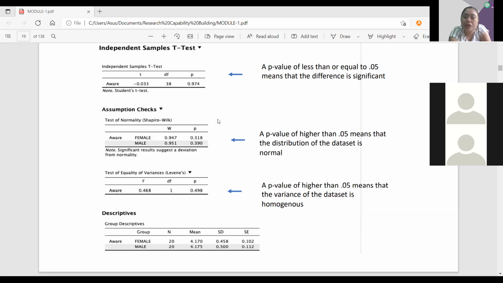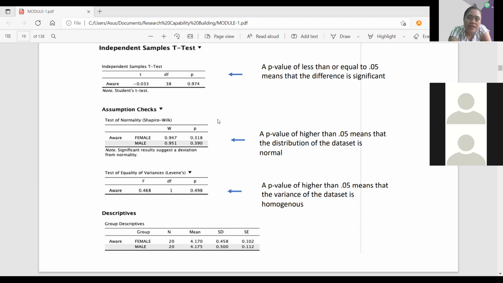Okay? I-reject mo yung null hypothesis mo kasi merong significant difference yung two groups. Okay? Pero if it's more than 0.05, you have to accept the null hypothesis. There is no significant difference between the two groups.